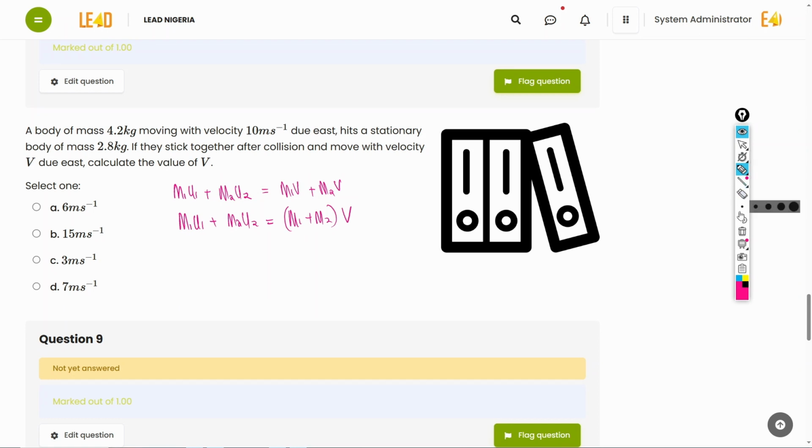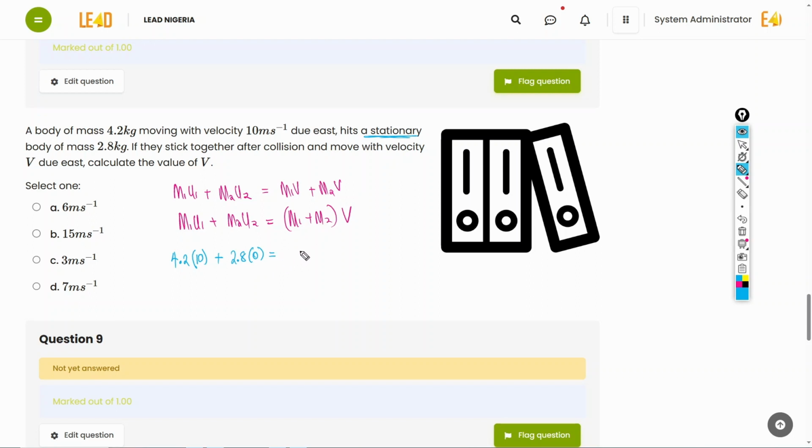All right, so at this point, we can plug in. Carefully though, what is the mass of body 1? That's 4.2 kg. What's the velocity of body 1? That's 10. We're taking east as positive, so anything that goes west, we take as negative. Plus the mass of body 2 is 2.8, but the initial velocity, we are told, is stationary. So that's 0.